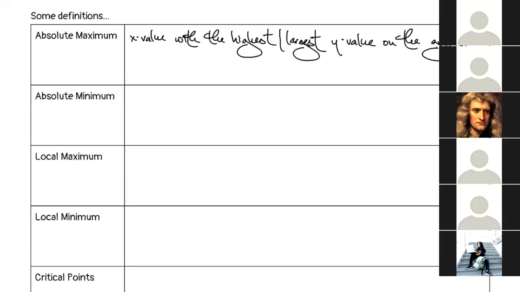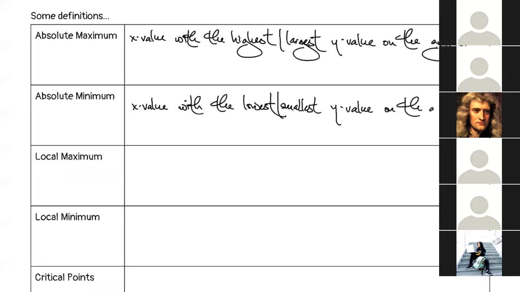Okay. And if we modify this statement for absolute minimum, we could say that it is the x value with the lowest or smallest y value on the graph.